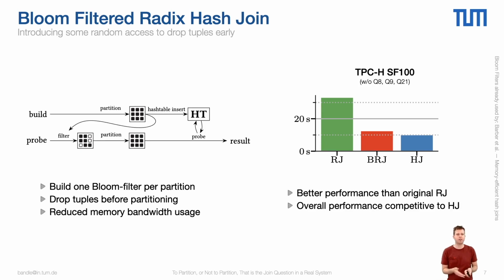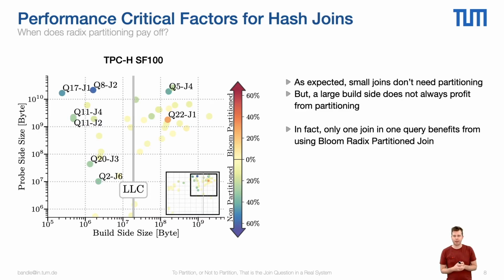So we can now look into the queries in a more detailed analysis, because so far we replaced all the joins, no matter what their characteristics are, by either a non-partitioned or a partitioned join. So, going into a detailed evaluation, we looked at each individual join of all the queries in TPCH.